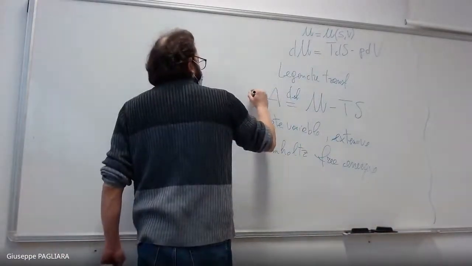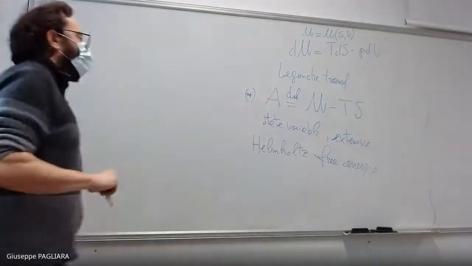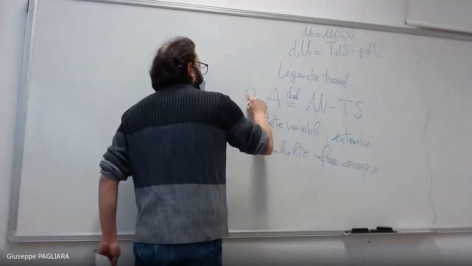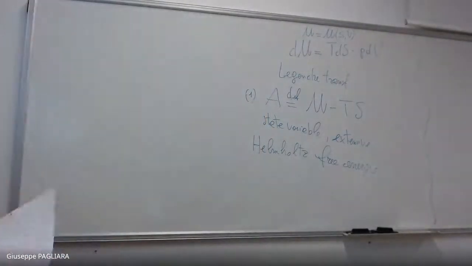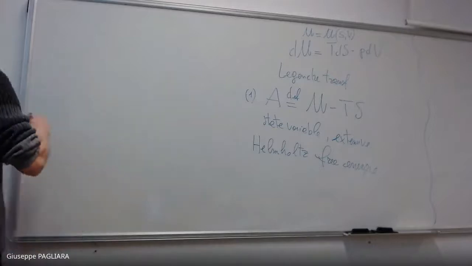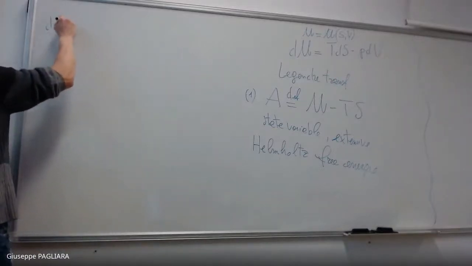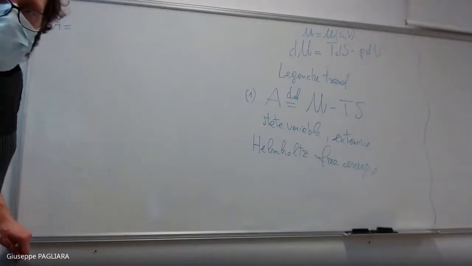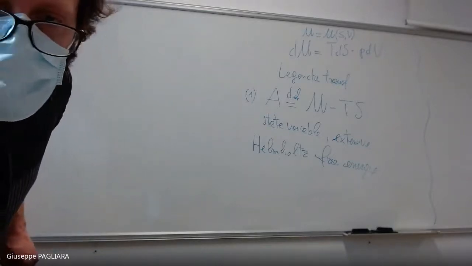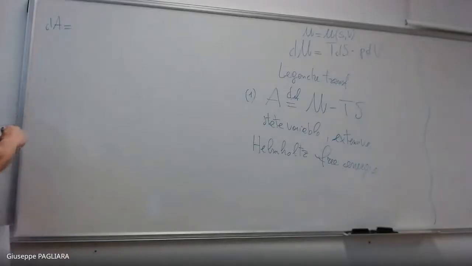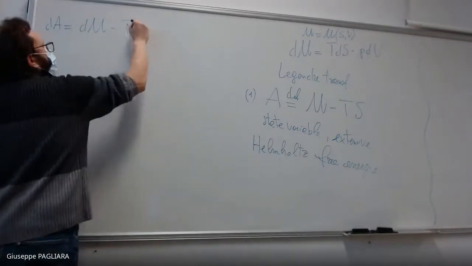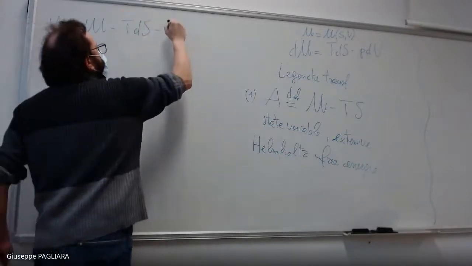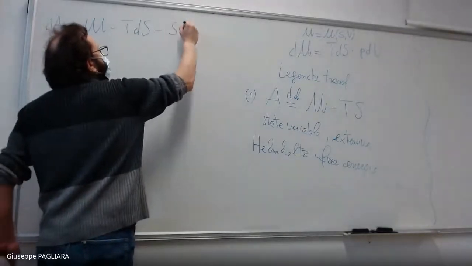Now let me take this equation and put a label. We call it 1. And let us differentiate this 1. So dA is equal to, you can see what I'm writing, right? Otherwise you can stop me. Okay. So dA is equal to dU minus TdS minus S dT.